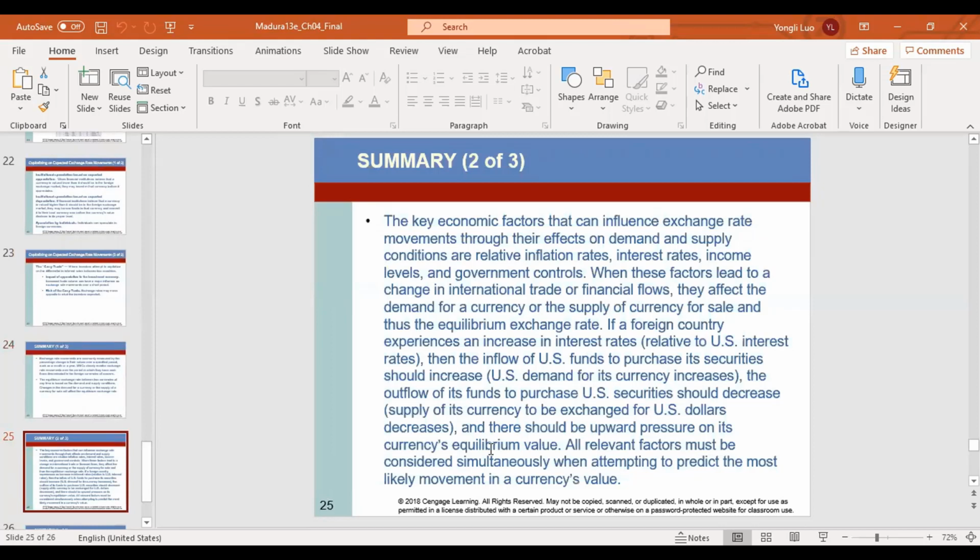The key economic factors that can influence exchange rate movement through their effects on demand and supply conditions are relative inflation rates, interest rates, income levels, and government controls.